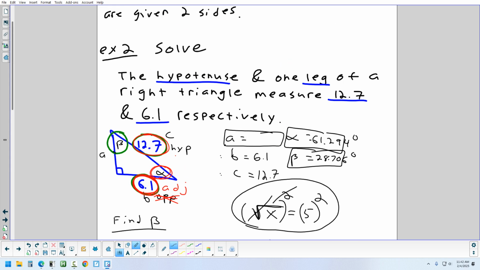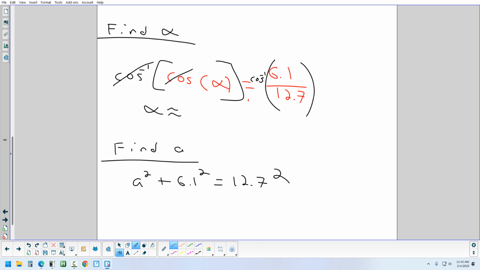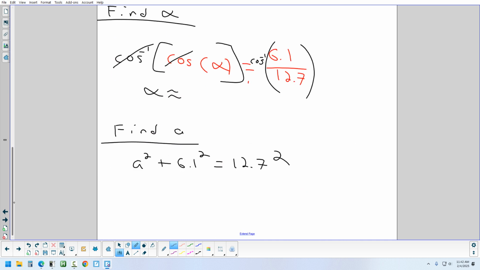So a squared plus b squared equals c squared. Without even doing it out, what's the first thing we could do to get the a squared by itself? Subtract 6.1 squared.